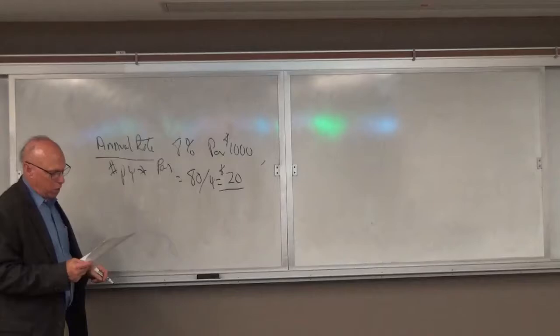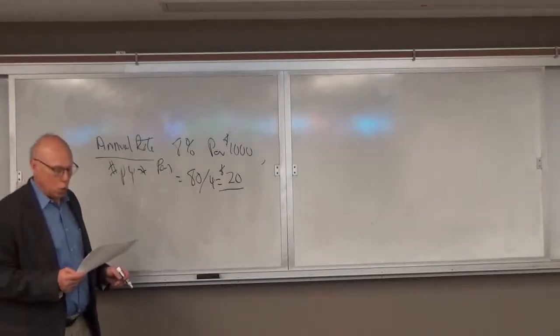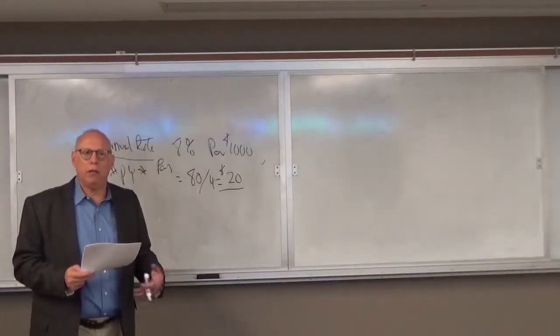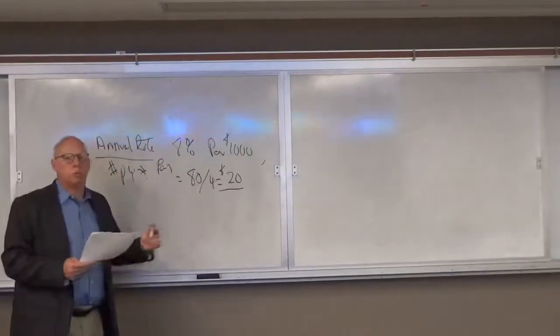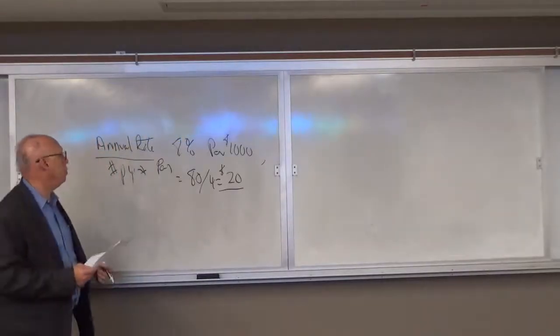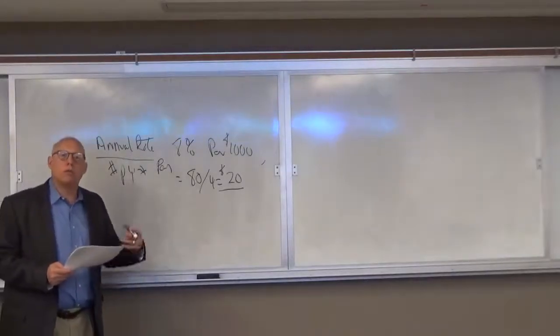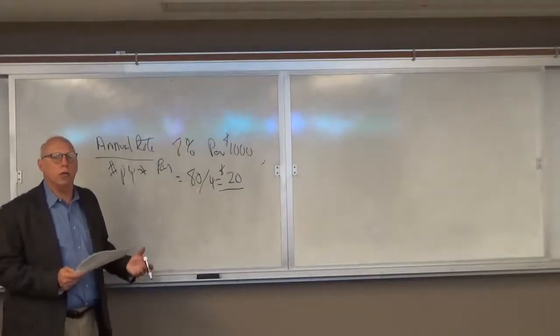What is the market rate for a bond, and how does it differ in terms of its use from the coupon rate? Well, the market rate is the interest rate that's being paid in the market, the agreement between buyers and sellers, for similar bonds. What would you have to pay if you were an issuer of a bond? When a bond is first issued, the market rate equals the coupon rate.